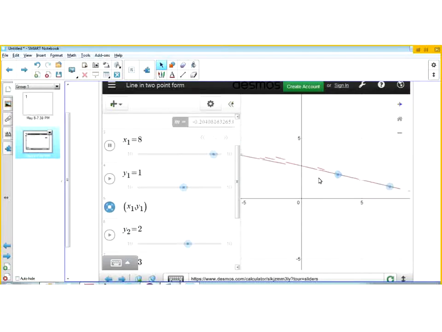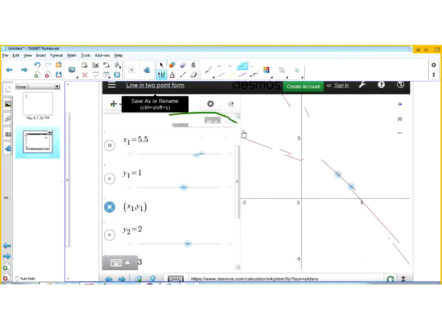What's actually going on here is, as we vary the values of x1, you can see the slope of the line is changing through all the values of the real numbers. And here you see right here the different values of the slope being populated in this slide out text box.